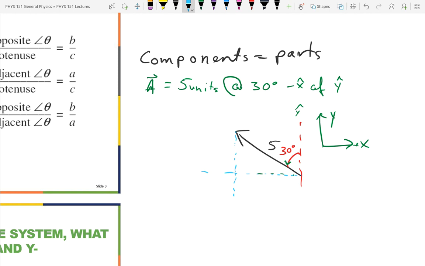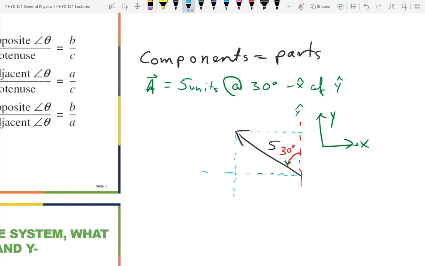And in fact, it takes a little less work if you do it here because the angle is specified inside of this triangle. So let's look at this, the components. The components is going to be two vectors, one parallel to the x-axis, one parallel to the y-axis, that when I add them together, it gives me my resultant vector.